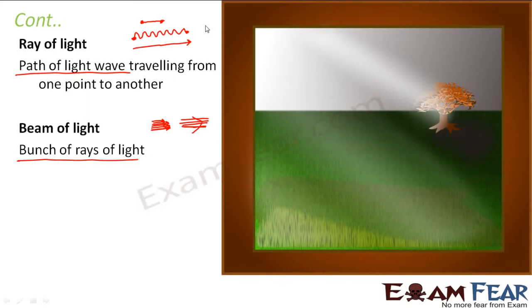But whenever I look at things like reflection, refraction and all, instead of drawing this wave, I'll always consider the ray of light, which will make my diagram neat, easy to understand, and at the same time less complicated, right? So now you know what is a ray of light. No confusion about the difference between a ray of light and a beam of light, right?